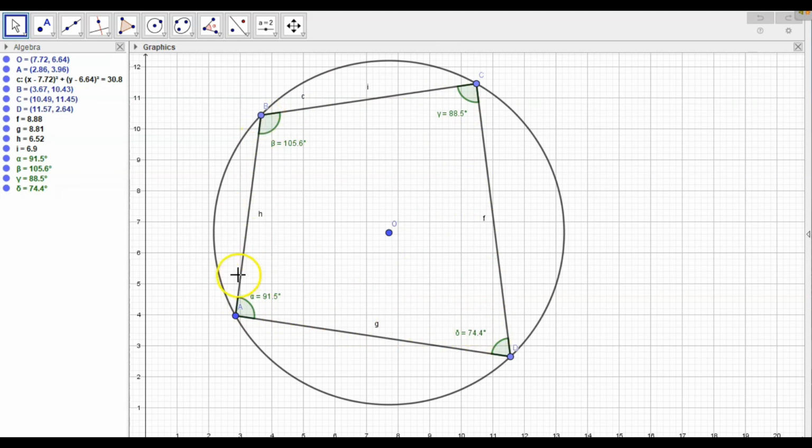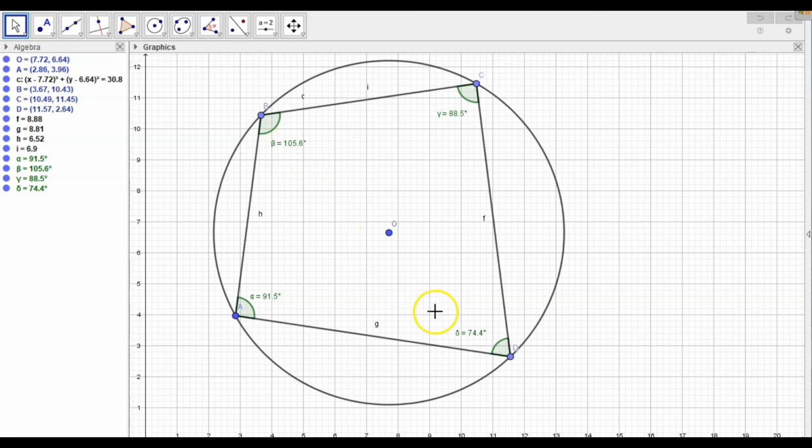So you realize that angle BAD gives us alpha, which is 91.5 degrees. Likewise, angle ADC gives us angle delta, which is 74.4 degrees. Angle DCB actually also gives us gamma, which is an angle of 88.5 degrees. And finally, we have angle CBA, which is angle beta, which gives you a value of 105.6 degrees.